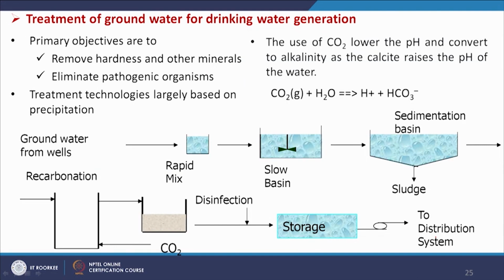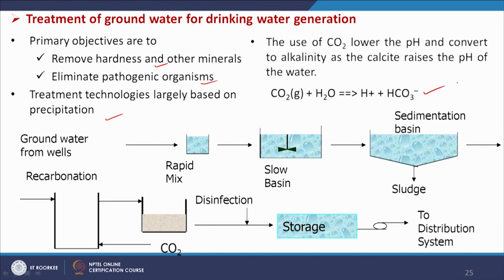Now, treatment of groundwater for drinking water generation. So far we have discussed how surface water can be converted to drinking water. Now, we are concentrating on how groundwater can be converted to drinking water in a more purified form. Here our main removal targets are hardness and other minerals, and eliminating pathogenic organisms, and the treatment technology is largely based on precipitation. A similar flow sheet is shown here, like surface water treatment, but here carbon dioxide addition is needed, as we mentioned that in that case some alkali addition takes place.